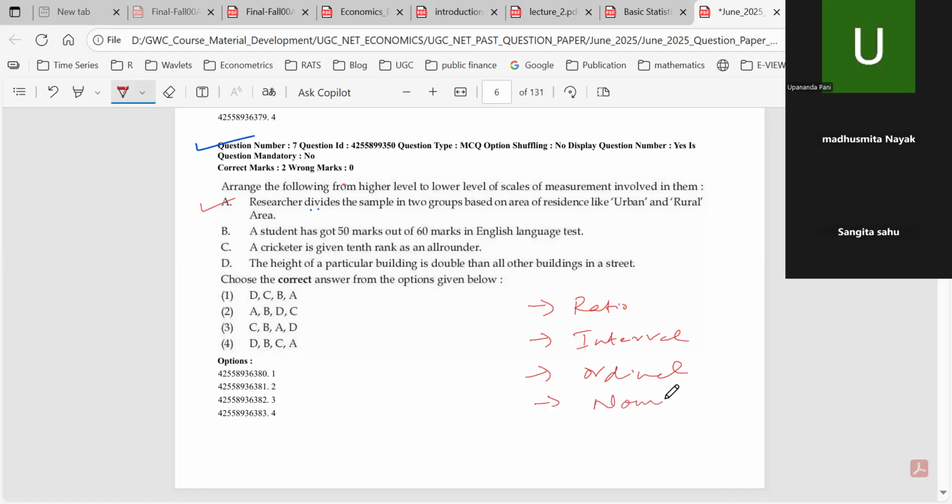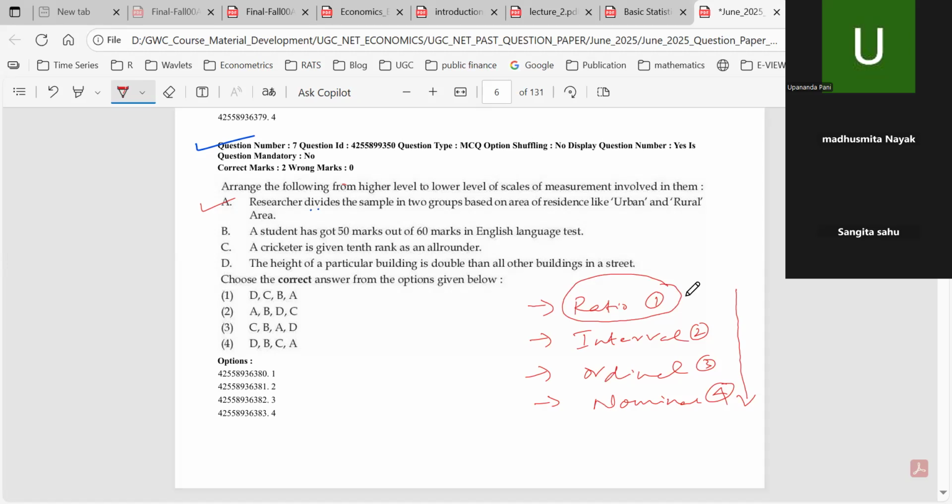Okay, so this order is actually in terms of their characteristics, from the highest level of information to the lowest level of information. It means if a variable is in ratio scale, this gives us better quality information compared to the other variables which are measured in other scales.